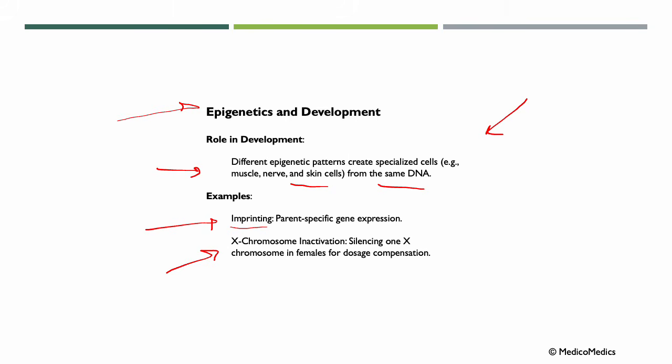Another one is X chromosome inactivation, where we silence one X chromosome in females for dosage compensation. For example, in female mammals, one of the two X chromosomes in each cell is randomly silenced to ensure equal gene dosage between males and females, because males also have an X chromosome.